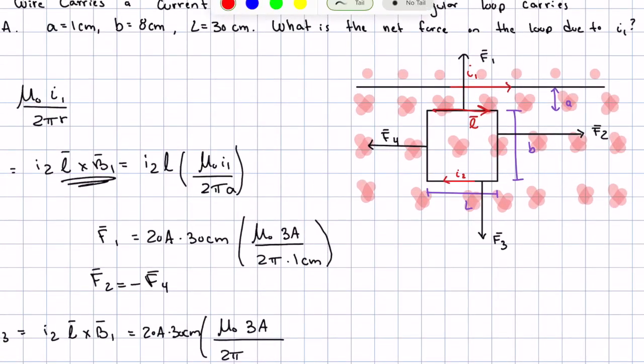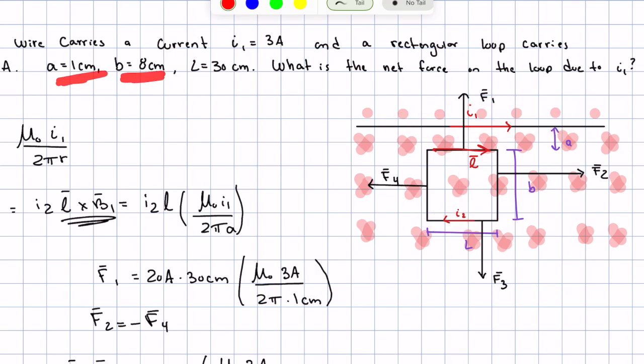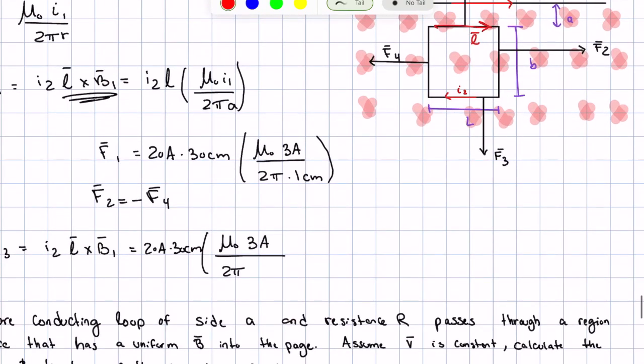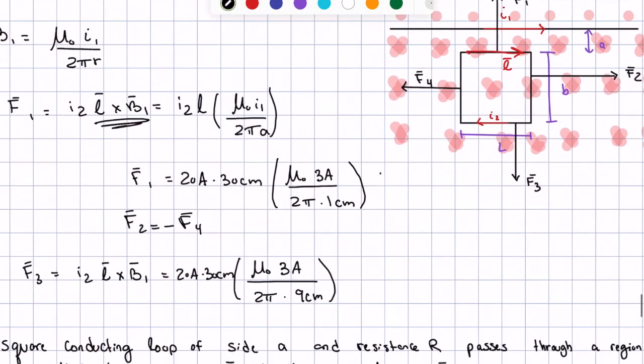So here we have A plus B, so the distance away from these 2 points here. So A is 1 centimeter, and then B is 8 centimeters, so it's going to be 9 centimeters, so times 9 centimeters. And we know that F1 is pointing in the plus y hat direction, and then F3 is going in the negative y hat direction.